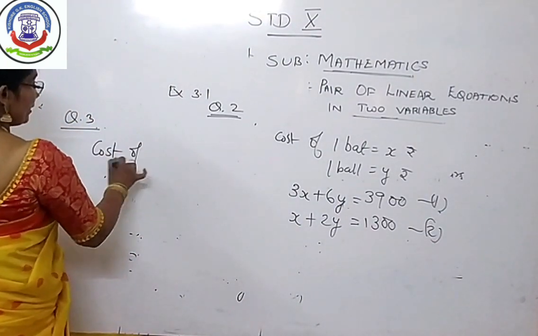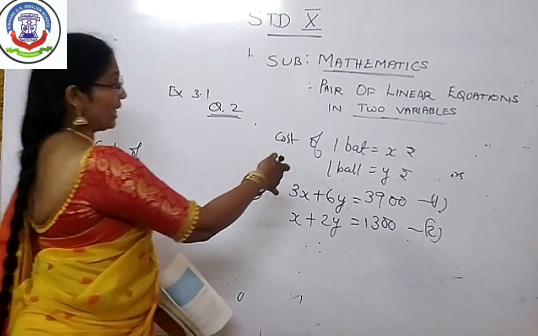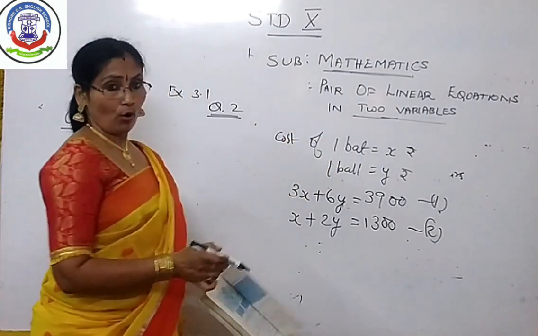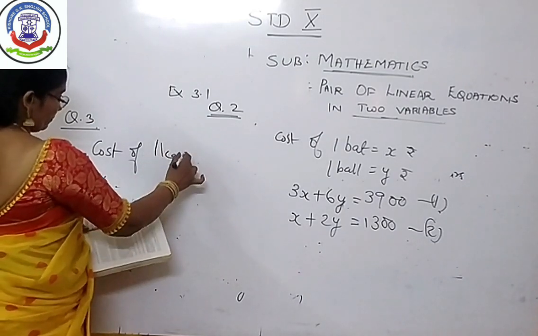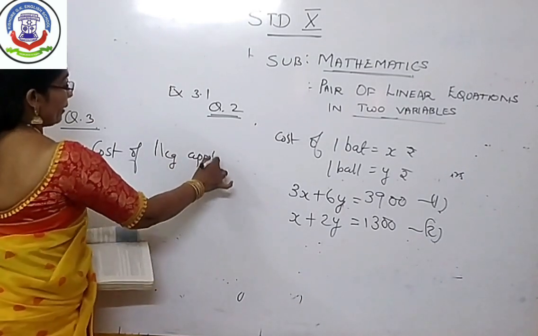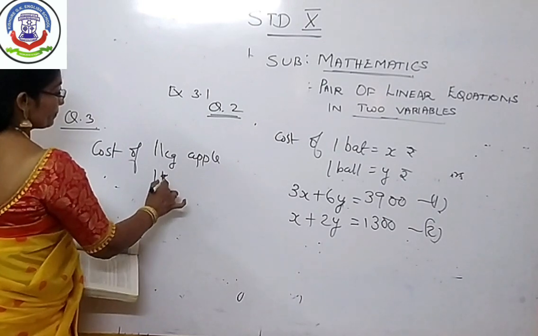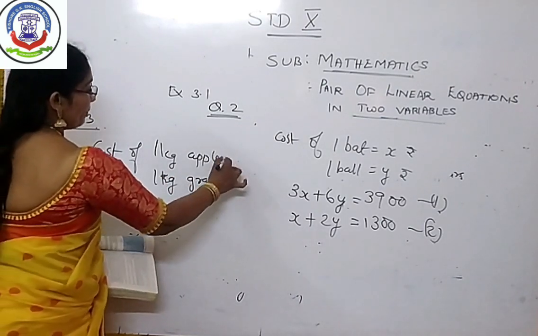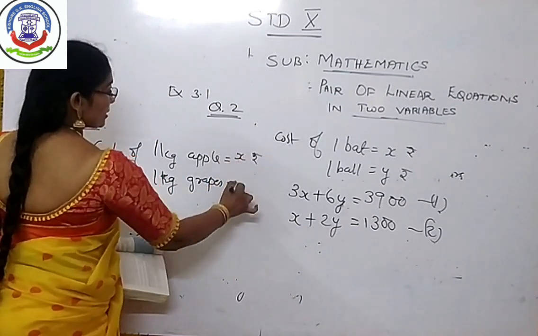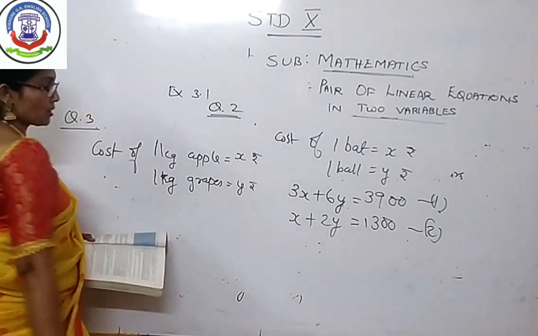Here the things are changing. Here it was 1 bat and ball. Here it will come 1 kilogram apple and 1 kilogram grapes. Cost of 1 kilogram apple and 1 kilogram grapes is x rupees and y rupees.